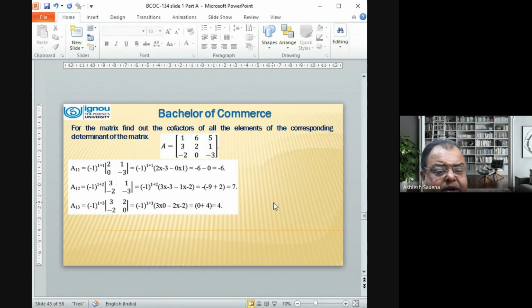Matrix of 3, 2. First row, third column means 3, 2 minus 2, 0. So it will be 0 minus 4. That is minus 4.